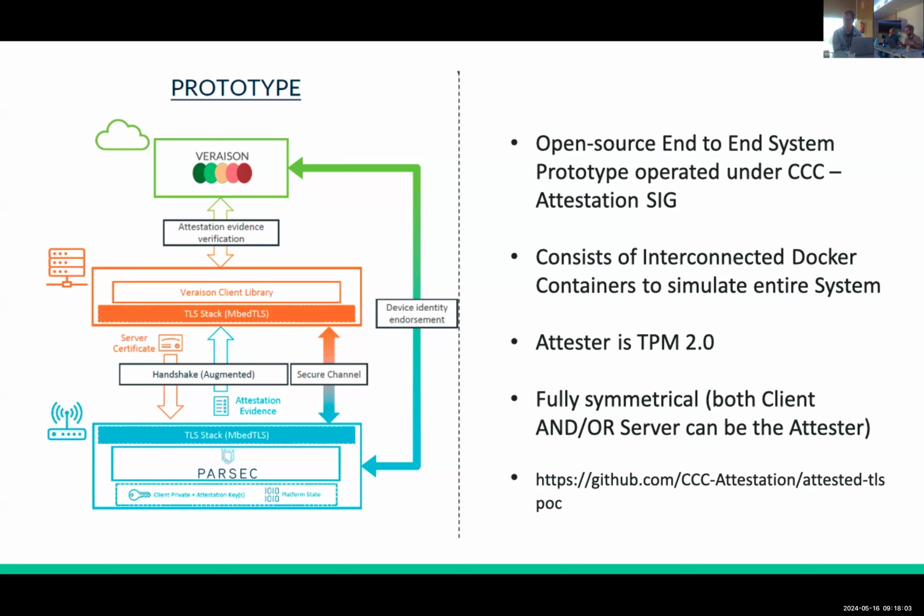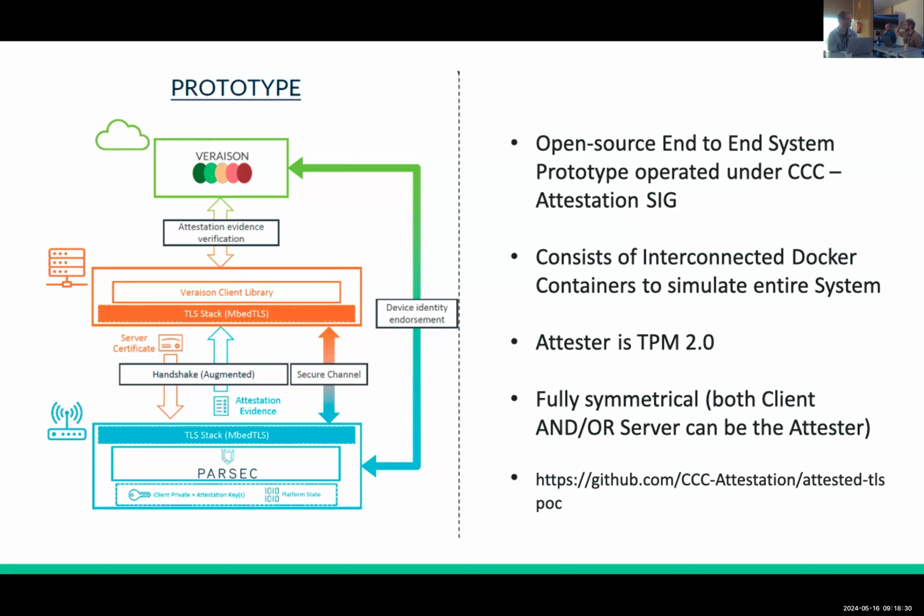repo. This is a pretty chunky integration of different things. We have Parsec abstracting the root of trust. We have a TPM attester at the bottom. We have embedded TLS endpoints that can do mutual authentication, using mutual TLS with attestation credentials.